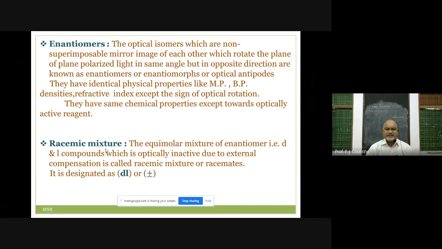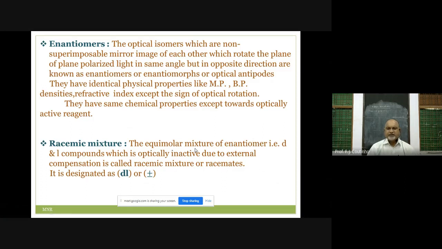The next is racemic mixture. What is racemic mixture? The equimolar mixture of enantiomers. What are enantiomers? Non-superimposable mirror images of each other, which rotate the plane of plane polarized light, not in just the opposite direction, but at the same angle and opposite in direction.